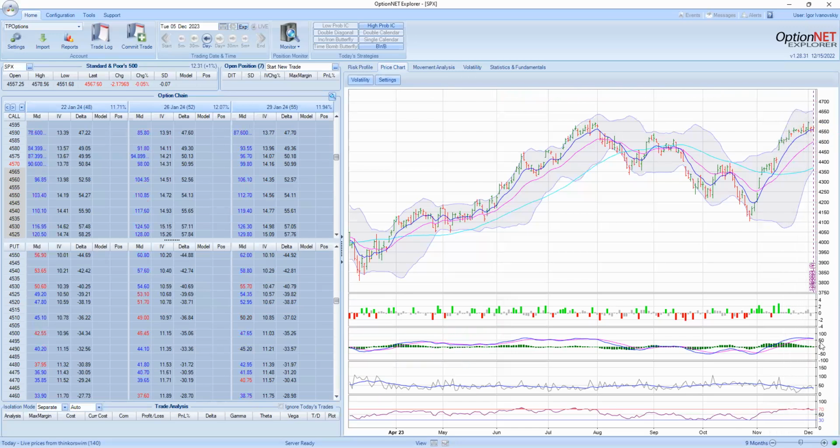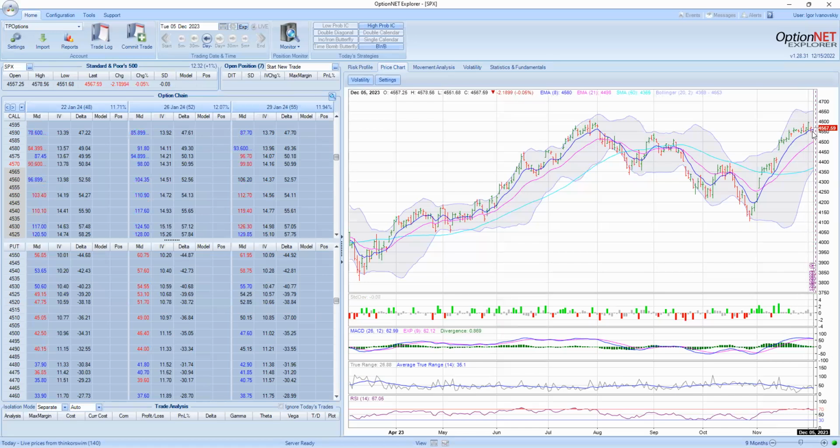We have MACDs starting to flatten out. We're still above the zero line, but if MACDs cross over into a sell signal and then we dip below zero, which will confirm a downtrend, we're still in an uptrend, if you want to call it that.